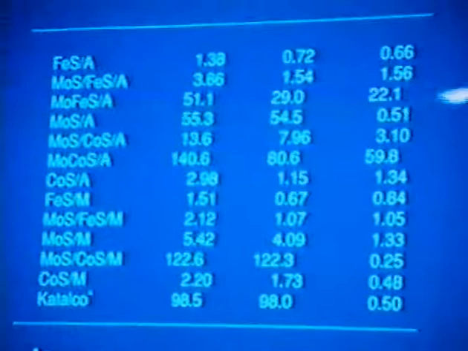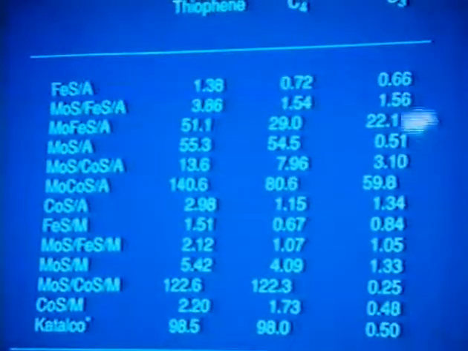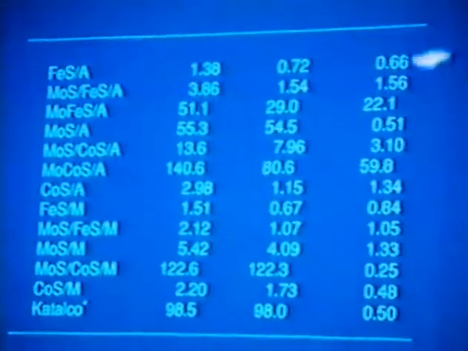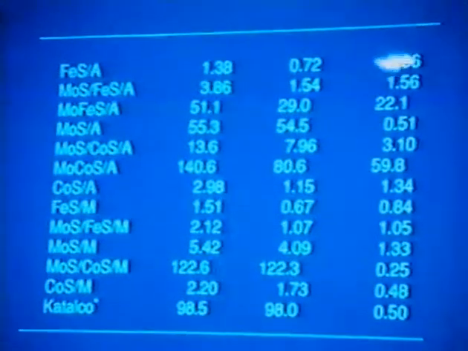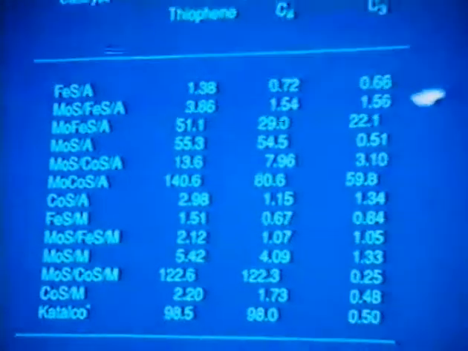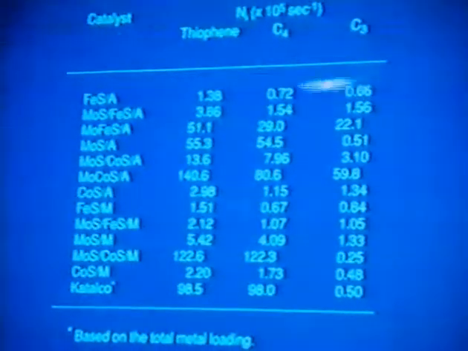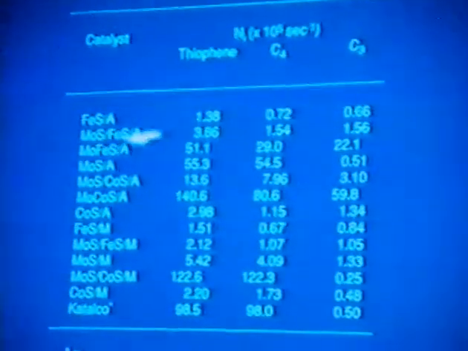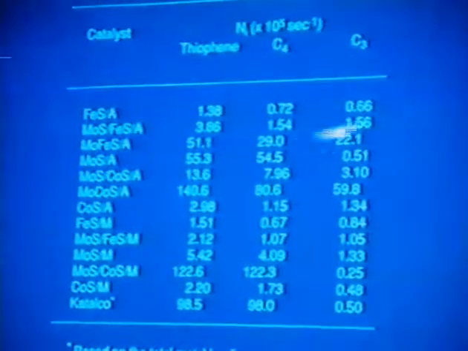One very interesting observation was that for many of these, we also noticed significant cracking activities. We should have included C2s. We produced quite a bit of ethane and ethylene during hydrodesulfurization of thiophene. At first, you might expect that an alumina catalyst would in fact produce some cracking activity.